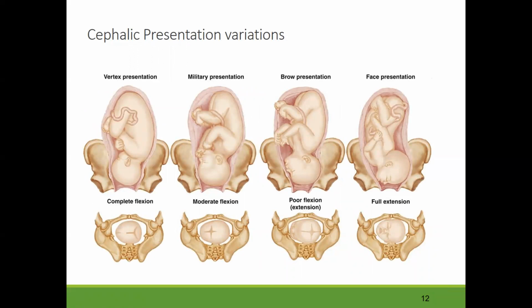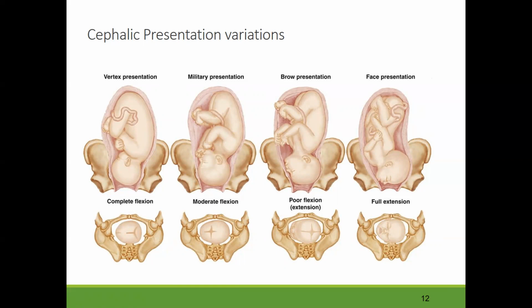All right, cephalic presentation variations. So we already talked about these different ones where we have the vertex presentation. We have complete flexion of the head, which allows the suboccipitobregmatic diameter to present in the pelvis. Then we have the sinciput, median, military-style presentation with no flexion or extension, and the occipitofrontal diameter presents in the pelvis.